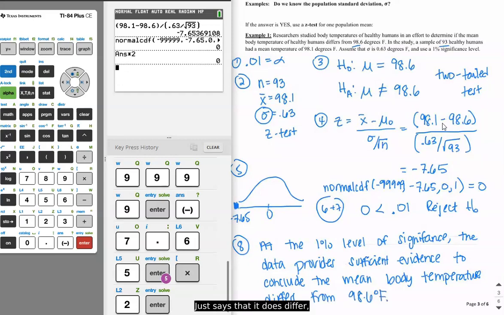So again, it just says that it does differ. It doesn't say what it is, but it does say differ. So this would be if I did it, I'd say, by hand.